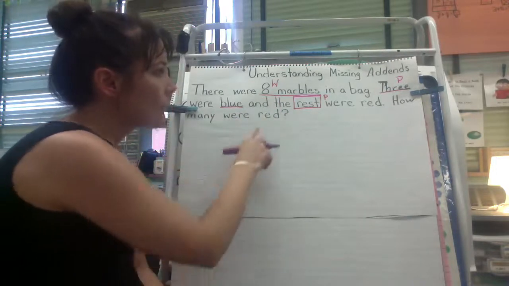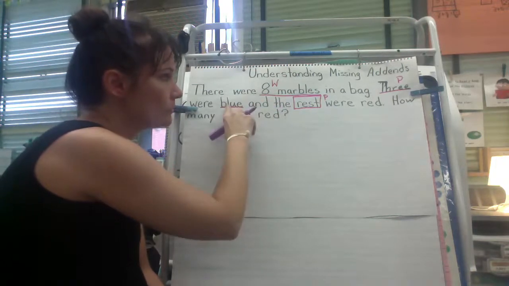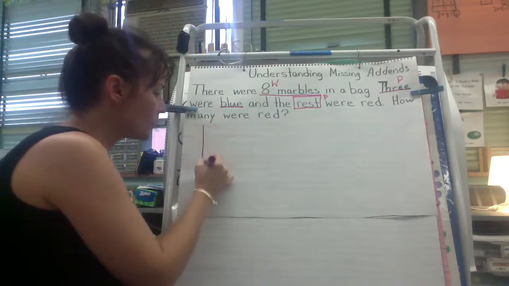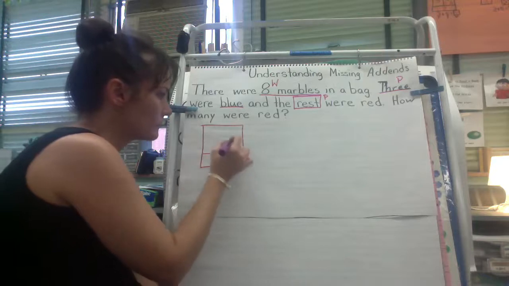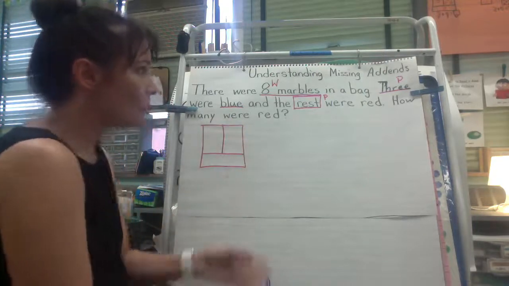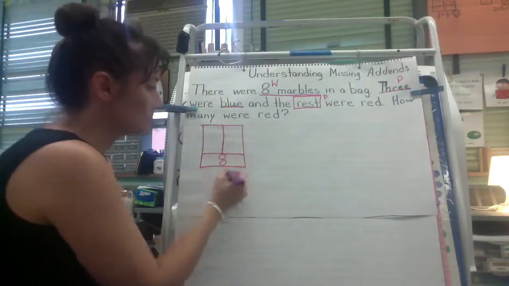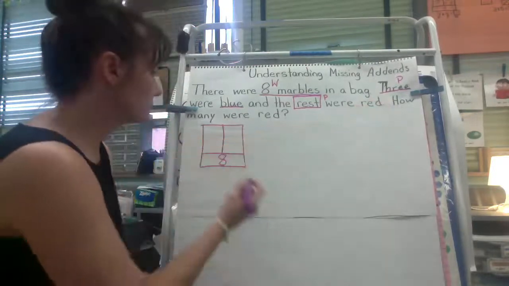So I know that there were 8 marbles, 3 were blue, the rest were red. So if I have the part whole mat, I know my whole is 8.